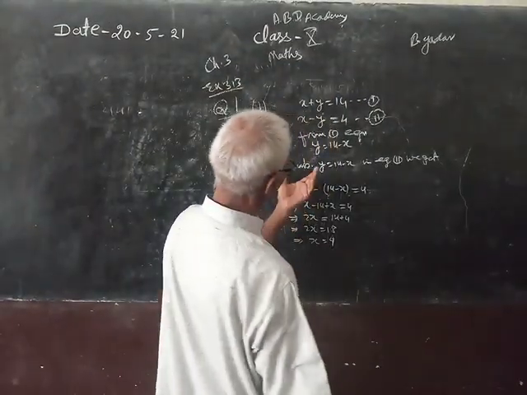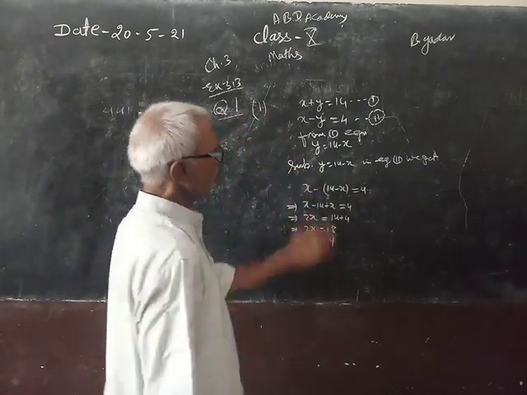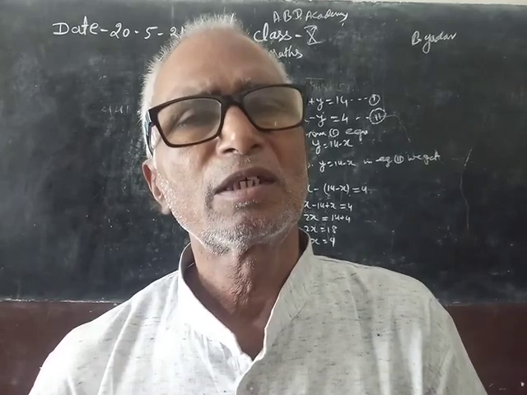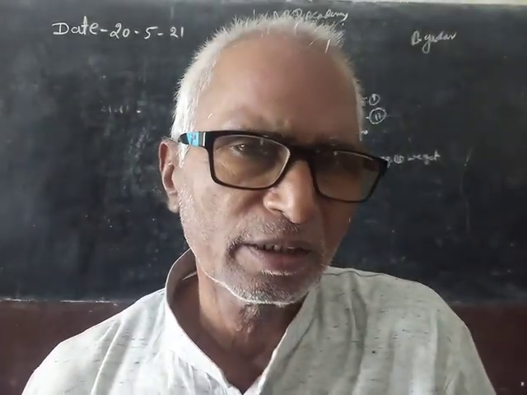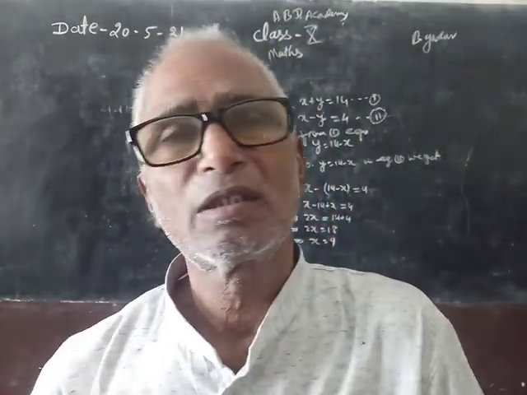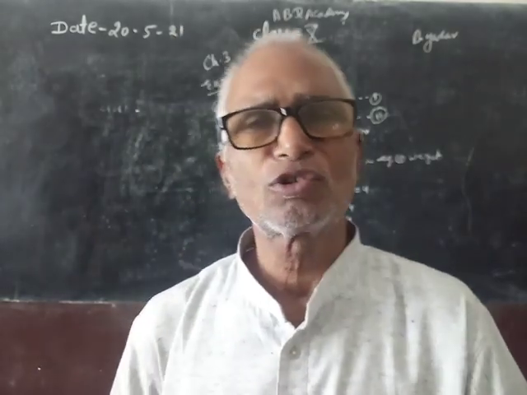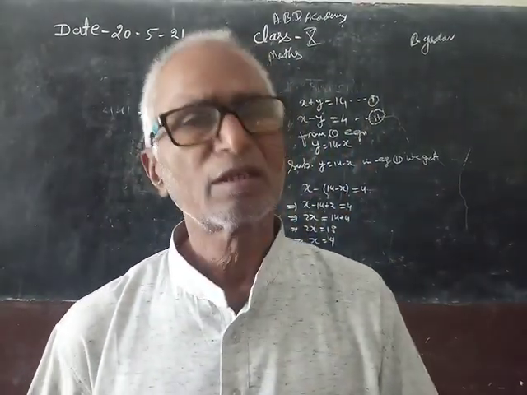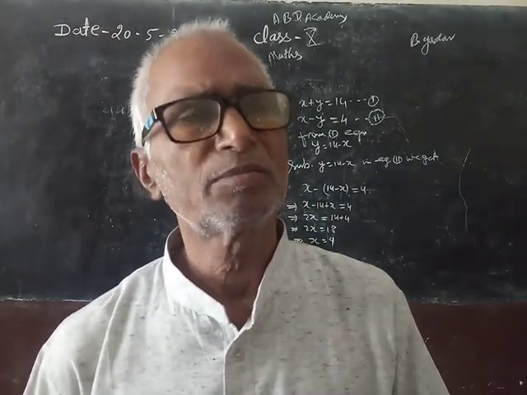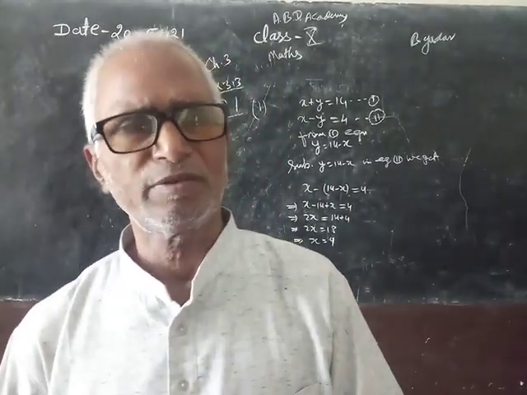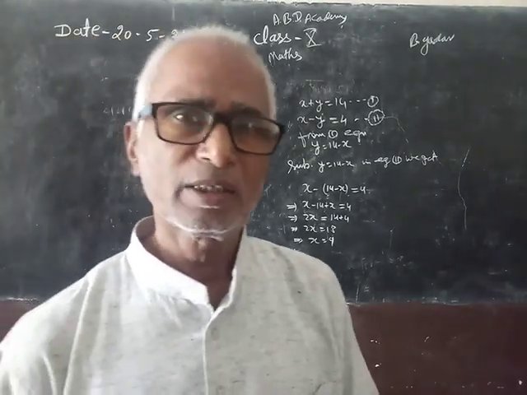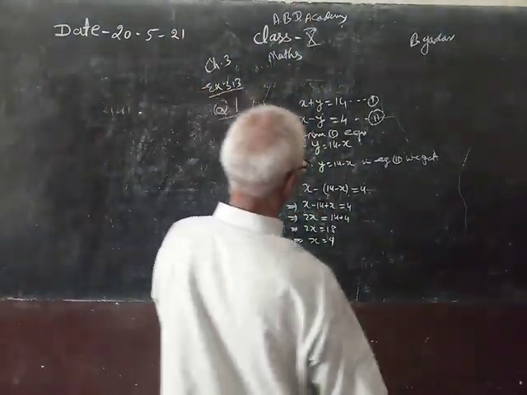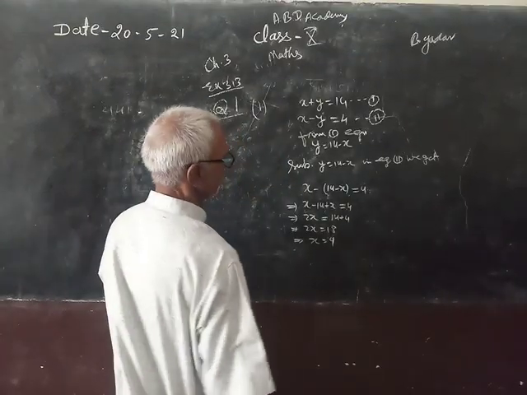It is the substitution method. The value of one variable, either x or y, is substituted in another equation. Better you substitute y, which is the dependent variable. I have many times explained the difference between dependent and independent variables. x is the independent variable, y is dependent.